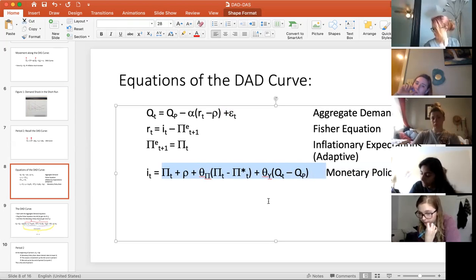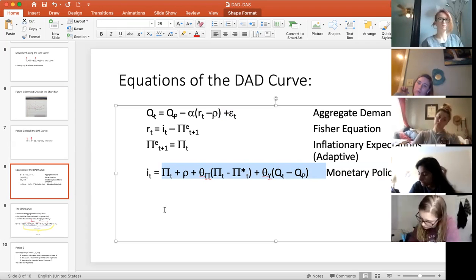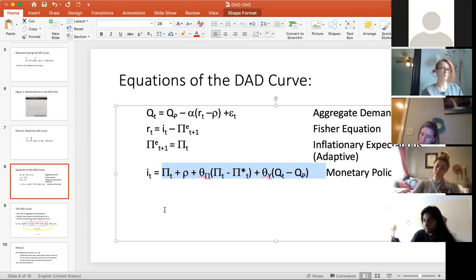So it's fair to say that the main action is the Fed. If inflation fell or if interest rates rose, then it would increase? Yes. So the main action as we move along the DAD curve is the Fed executing its monetary policy rule. Okay, so keep that in mind.